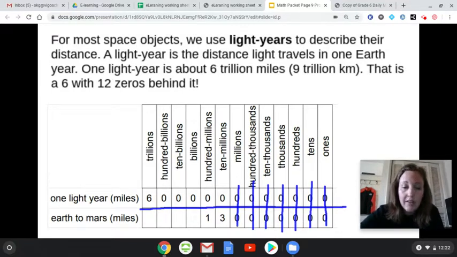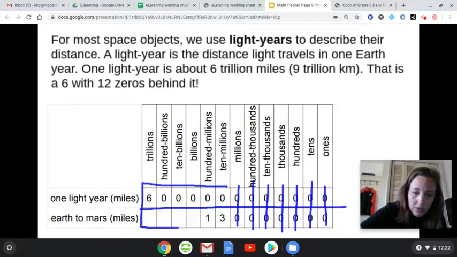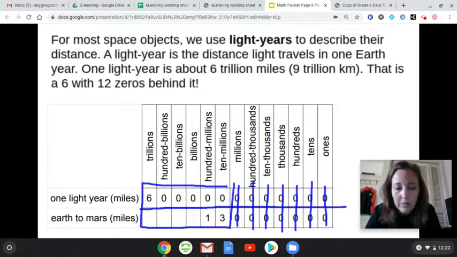And so we're left with 600,000 divided by 13. And I'm telling you that if you do this division problem, it's the same as taking 6 trillion and dividing it by 130 million. Let's see if that's really true.